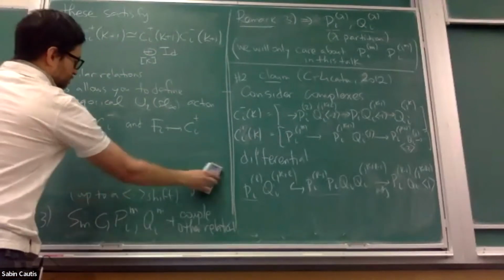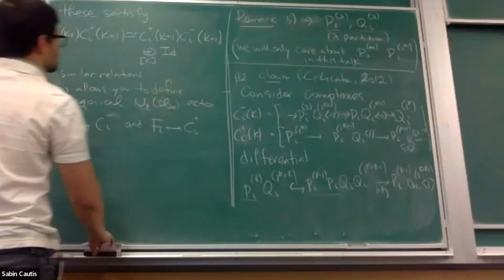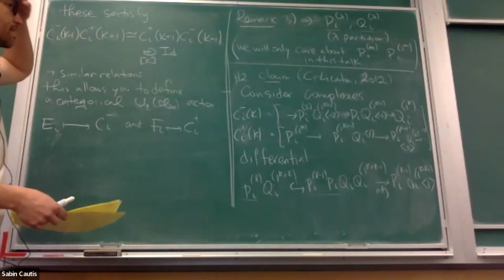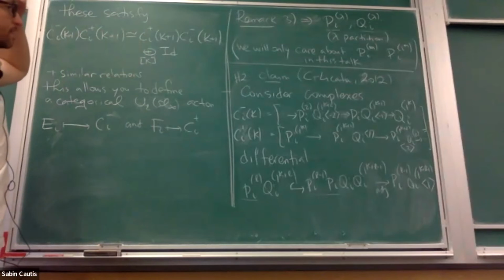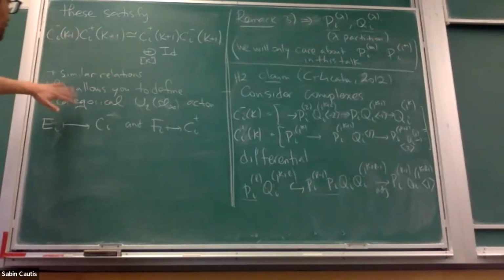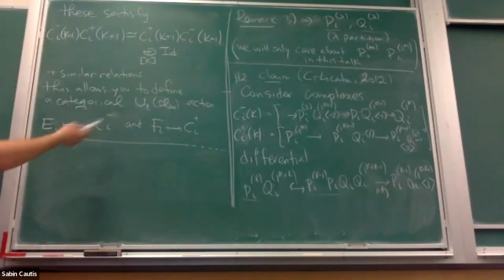The point is, the reason why this theorem exists is because of this basic commutation relation, and likewise one for E_i and F_j. Well, what do you expect? There are a few more, but they can all be summarized, and you can guess them now, by keeping in mind that you're supposed to be getting a categorical SL infinity action.